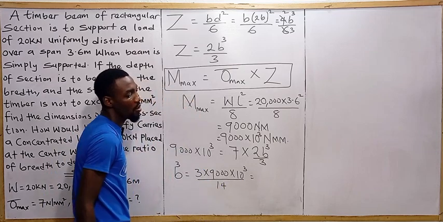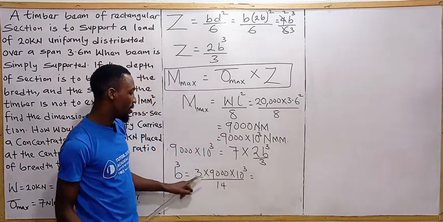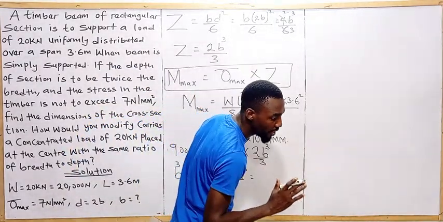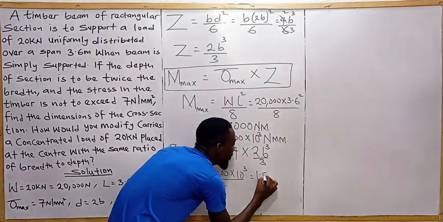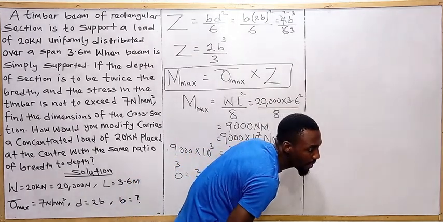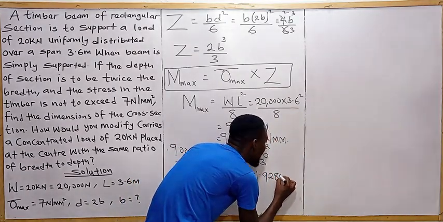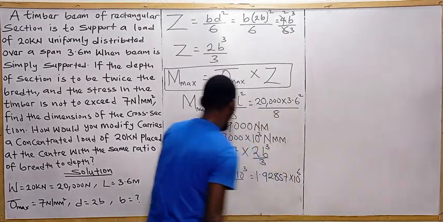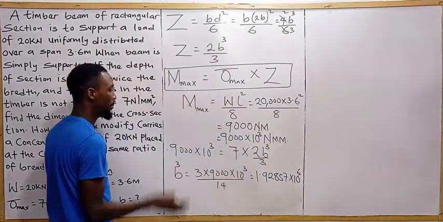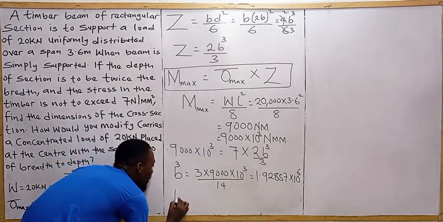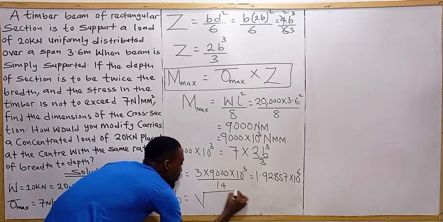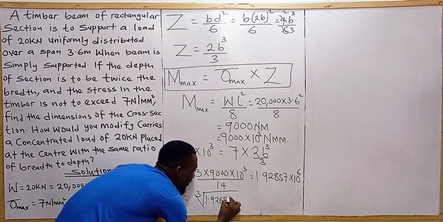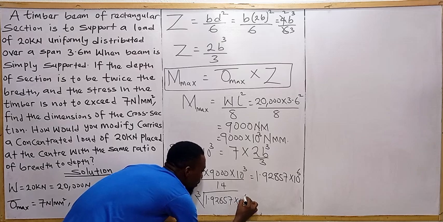So if you press all of this and divide by 14, you are going to have 1.92857 times 10 to the power of 6. If you take the cube root of both sides, B will be equal to the cube root of 1.92857 times 10 to the power of 6.